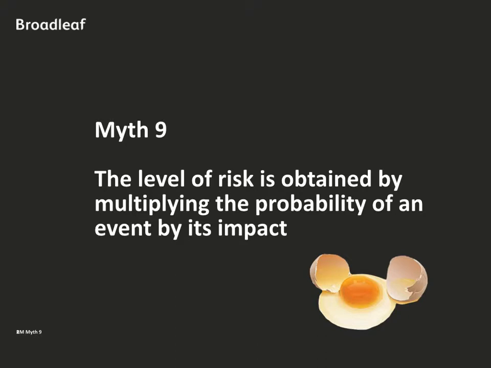The problems in this statement are, for example, suggesting that it's a product. Often we determine the level of risk through some other form of combination of likelihood and consequence. The second problem is the use of the word probability. Probability implies a chance per activity or per operation and is defined in terms of a chance expressed as a number between 0 and 1.